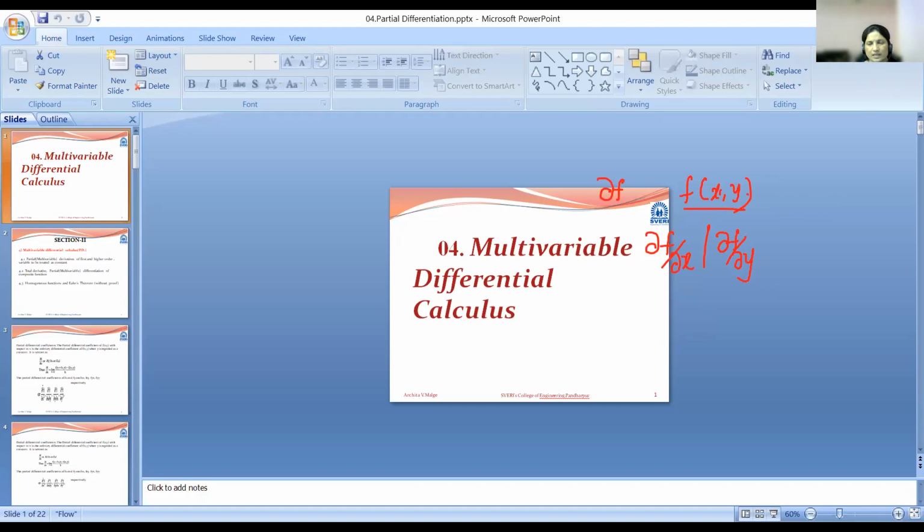Whatever the variables are, according to those variables we can take the derivatives in this notation. Or this dou f by dou x can be put as fx. This will be fy. Now I am taking the derivative of this derivative, means dou by dou x of dou f by dou x.